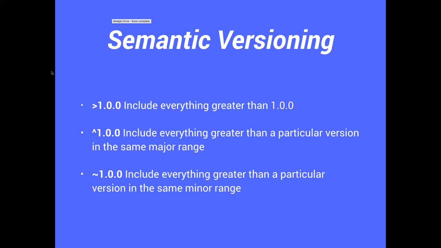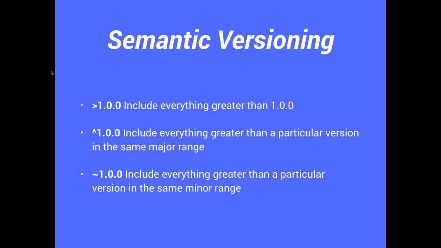And then we have other things, like when you are declaring your dependencies. I can say that voice elements depends on Polymer greater than 1.0.0. So for everything that is greater than this, I'm going to fetch Polymer.